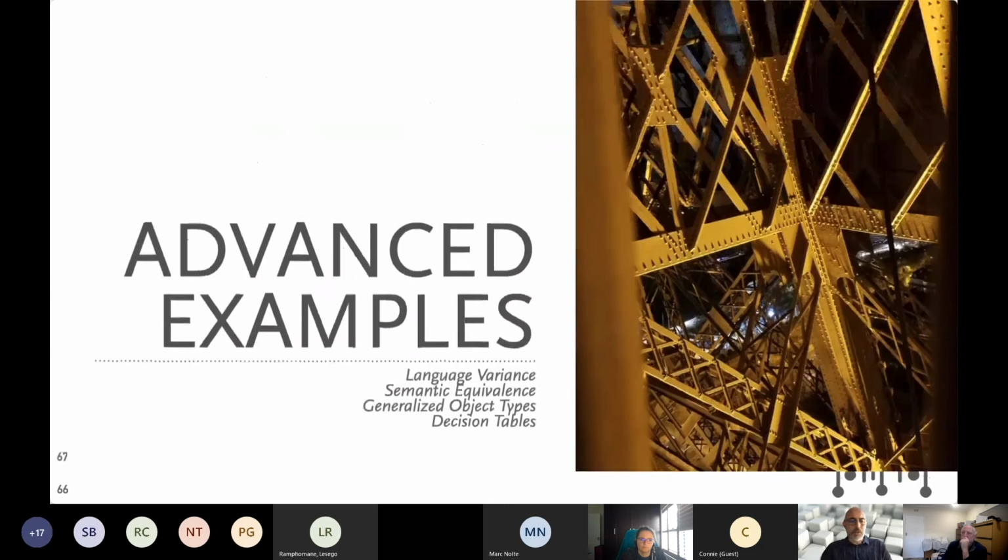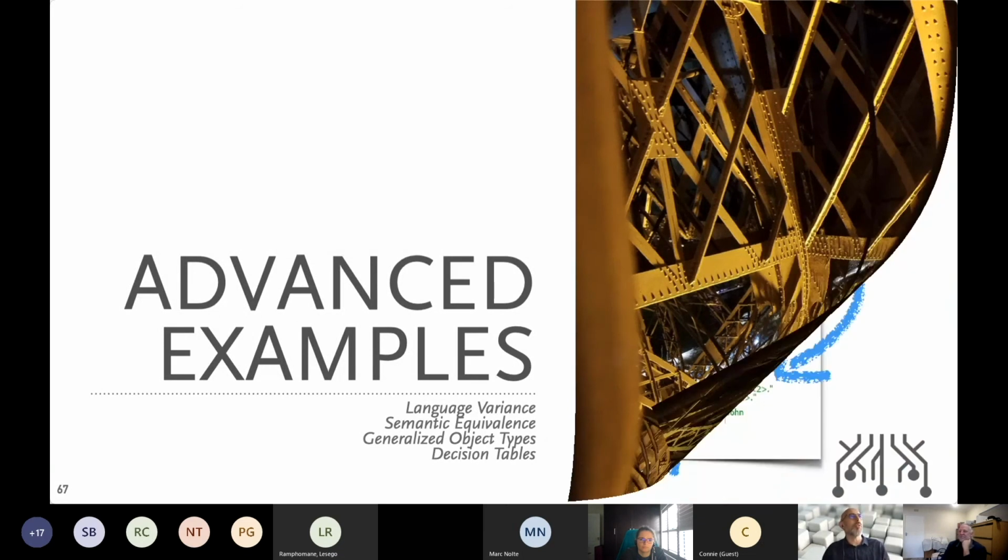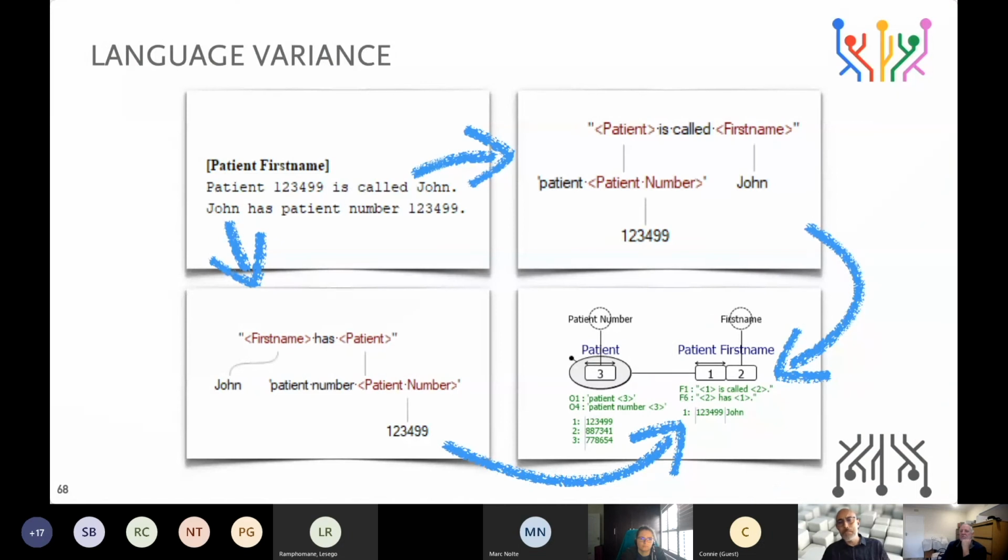I would like to take you even deeper. If you're not overwhelmed yet, let's go deeper. We're going to show you a little bit about language variants, different ways of verbalizing facts which actually express the same thing. This simple example, patient 123499 is called John, or John has patient number 123499.